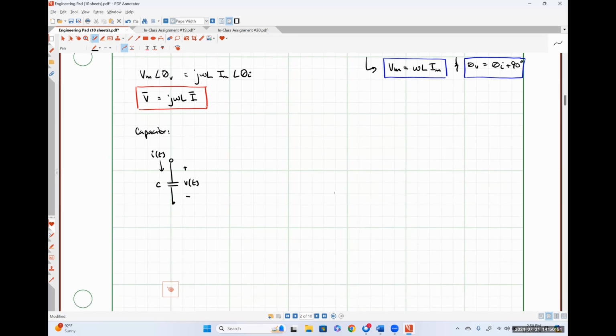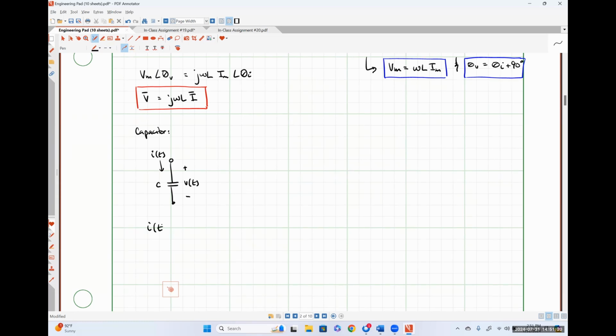So I'm not going to bother writing V of t and I of t again because we've done it two times. It's the same thing here. What is the relationship between current and voltage for a capacitor? And please give me the derivative-based relationship again. C dvc of t equals I of t. So exactly right.